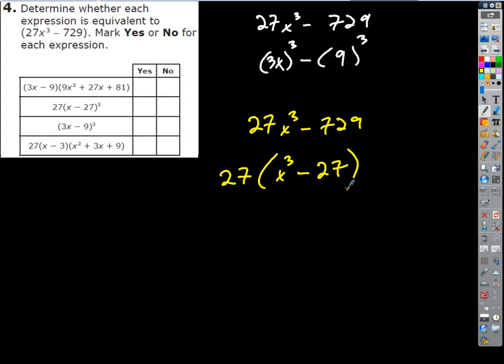That's right. So I could break this up into 27 times x cubed minus 3 cubed, and that would give me this result. So algebraically, we can sure do it. No big deal.